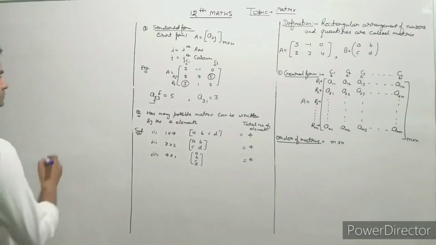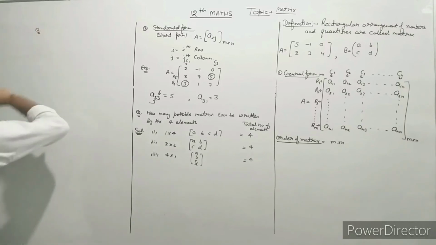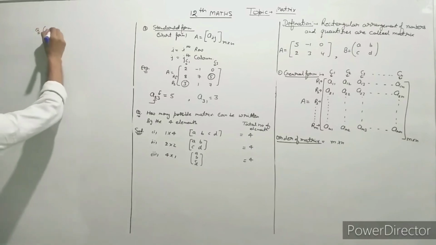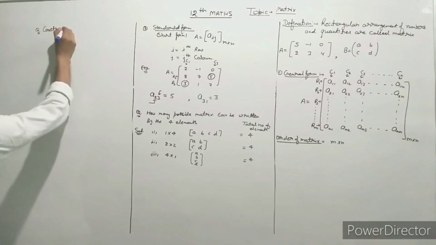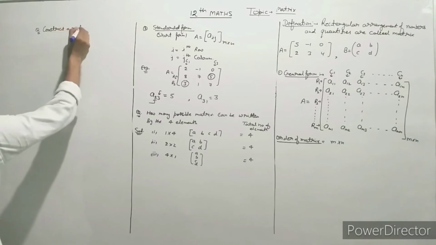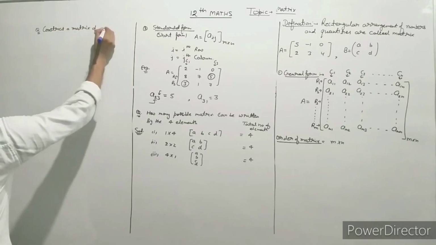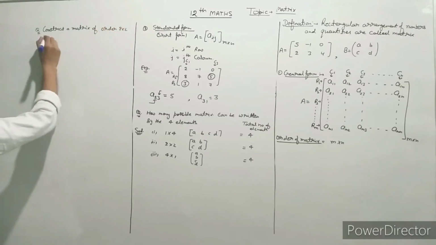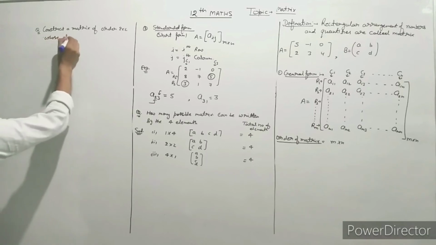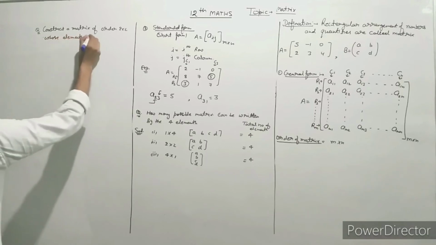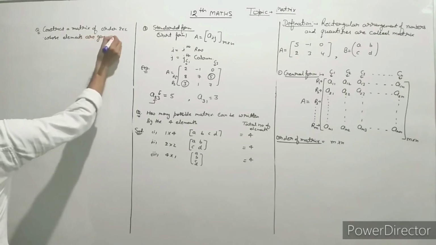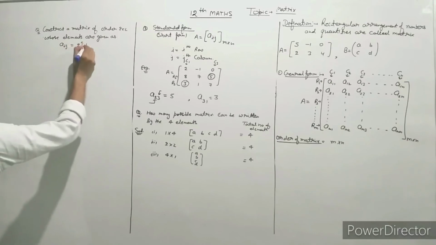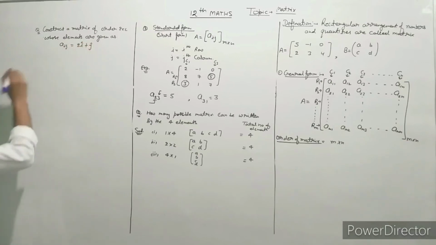Okay. Now another question. Let's have a look. Construct a matrix of order 2 by 2 whose elements are given as Aij is equal to 2i plus j.